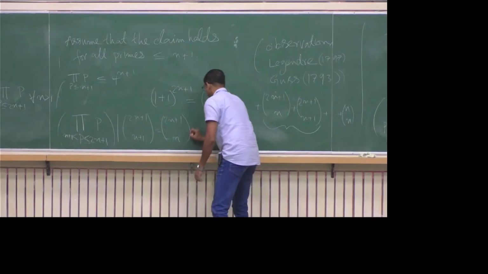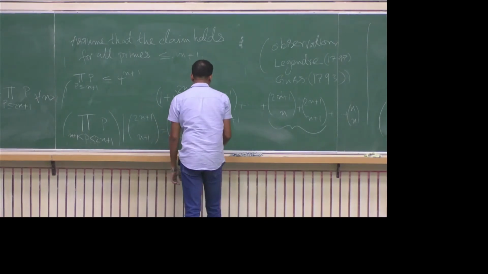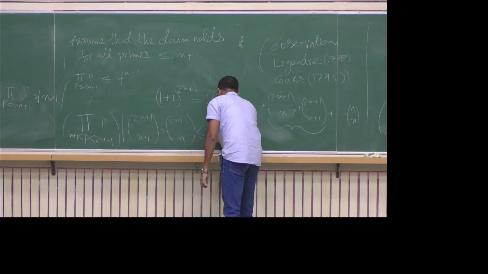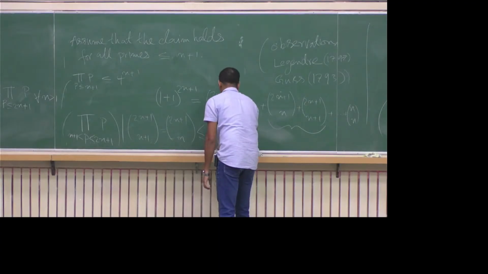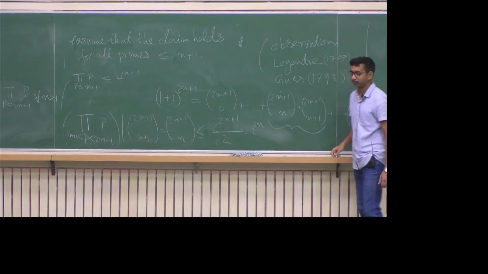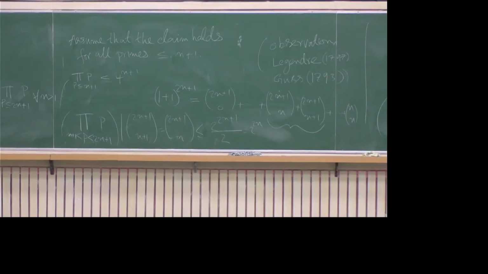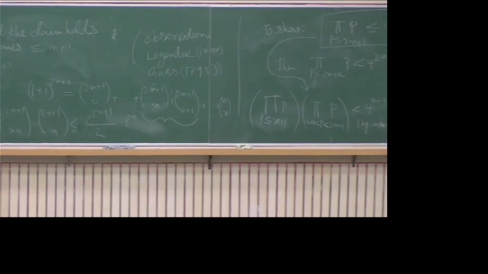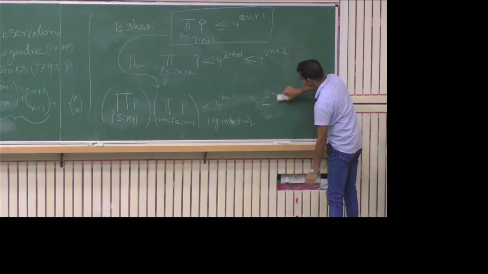So each of them is less than this divided by 2, that is 2 power 2n. Alright, so we just put it here, and that takes care of this extra plus 1, right?